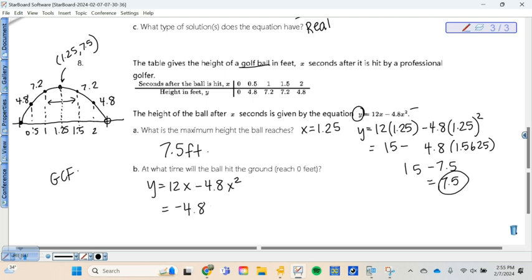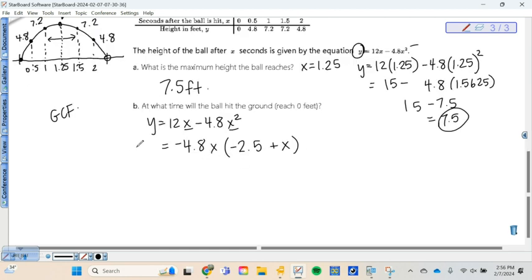I'm going to take negative 4.8x out. That's going to be my GCF. So what's 12 divided by negative 4.8? Yeah, negative 2.5. And then negative 4.8 divided by negative 4.8 is just 1. So I just have this plus 1x left over.